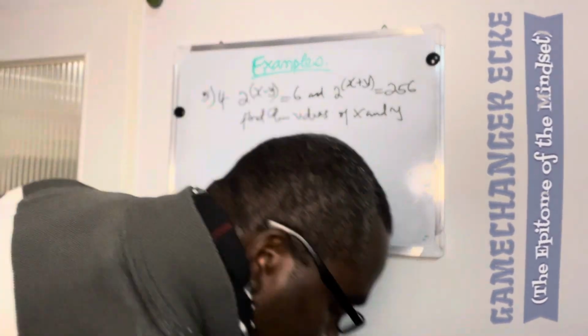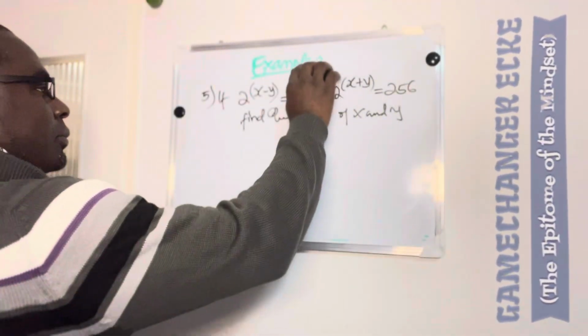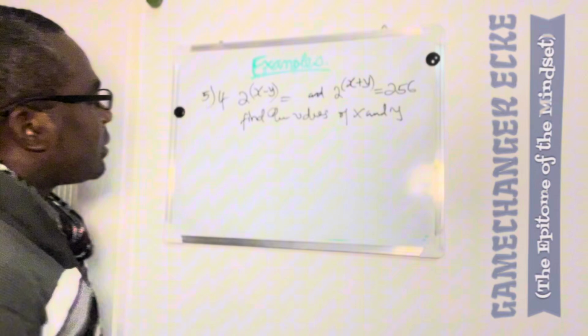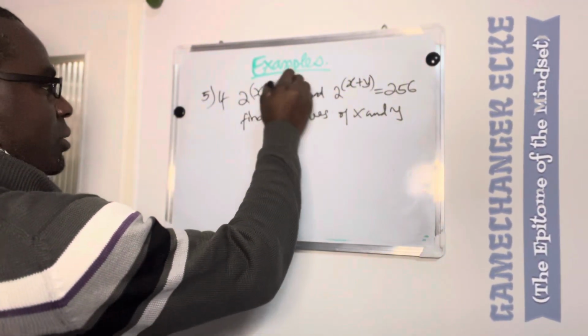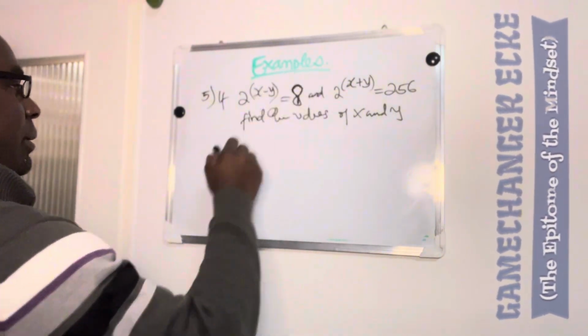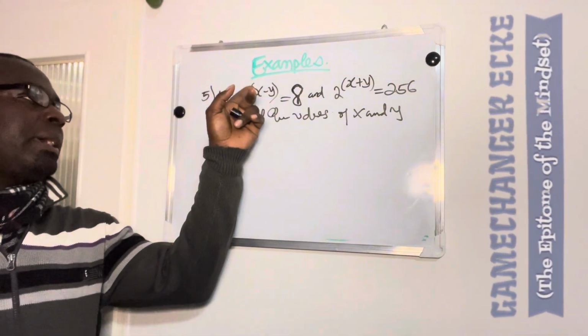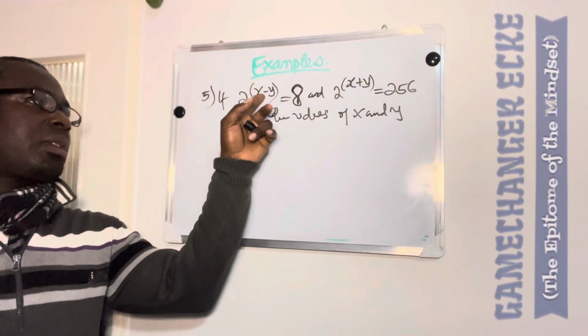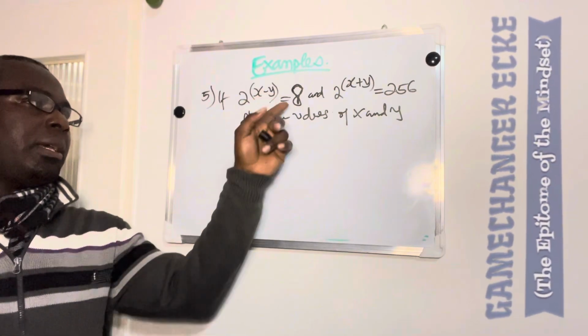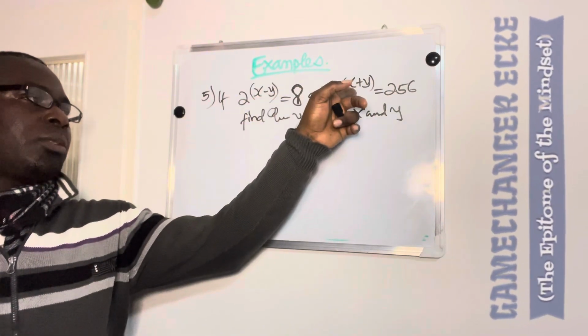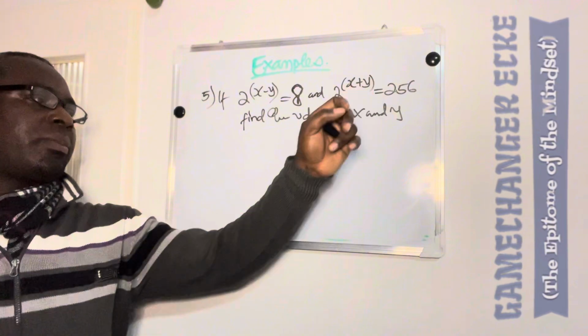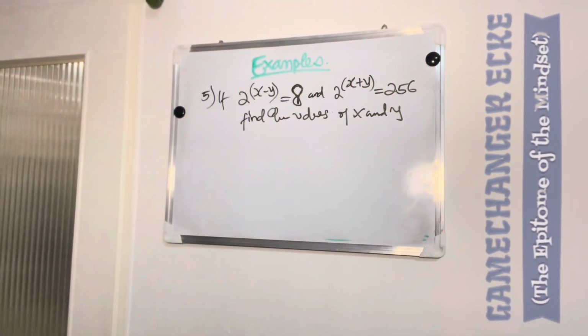Here it was supposed to be 8. So they say if 2 to the power x minus y is equal to 8, and 2 to the power x plus y is equal to 256, find the values of x and y.